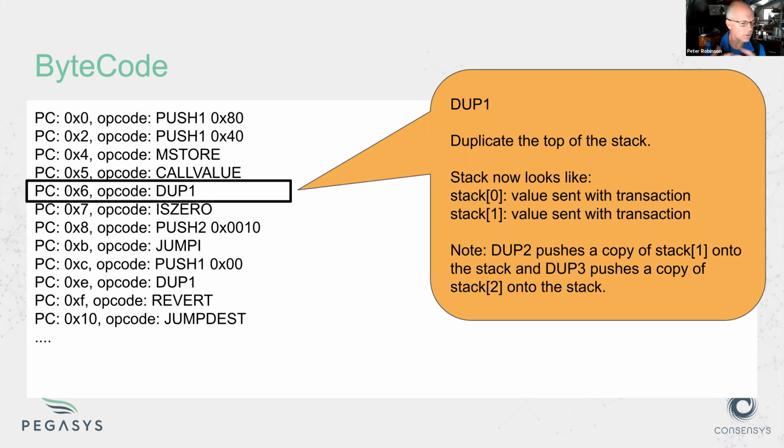There's also dup2, 3, 4, all the way up to 16. They duplicate different levels of the stack and put them onto the top of the stack, and that can be used for stack manipulation.